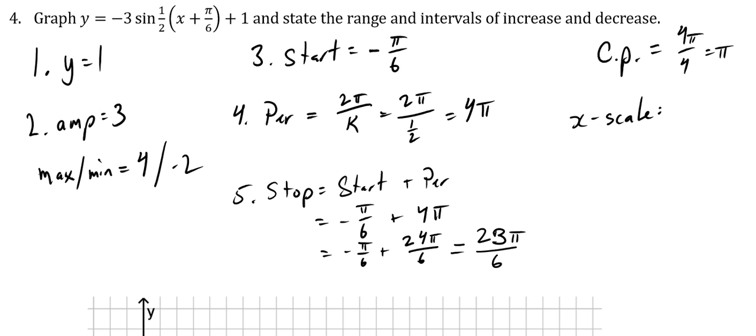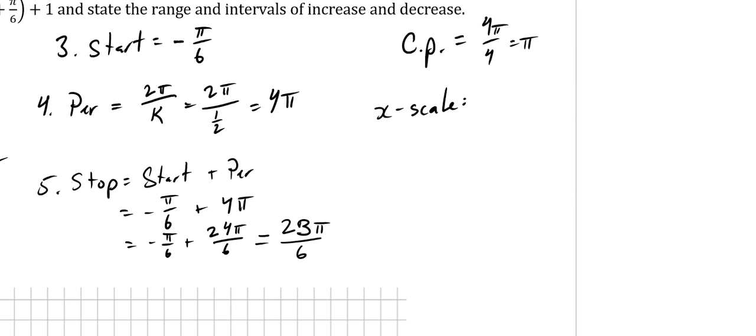Some people never get it really, but you've got to play with it enough to figure out a way to get a scale. So one of the ways is I take the distance between critical points and I start dividing it by things. The thing I divide it by will end up being the number of squares between critical points, which makes it really easy to graph if you know that.